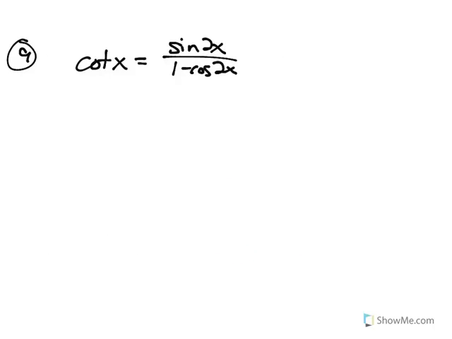Number 9 was to verify that this is an identity, which means make the left and right sides equal. I recognize the numerator on the right side, that's a double angle identity. It becomes 2 sine of x cosine of x. I recognize in my denominator cosine of 2x, which I'm subtracting, so if I replace this, I need to use parentheses.